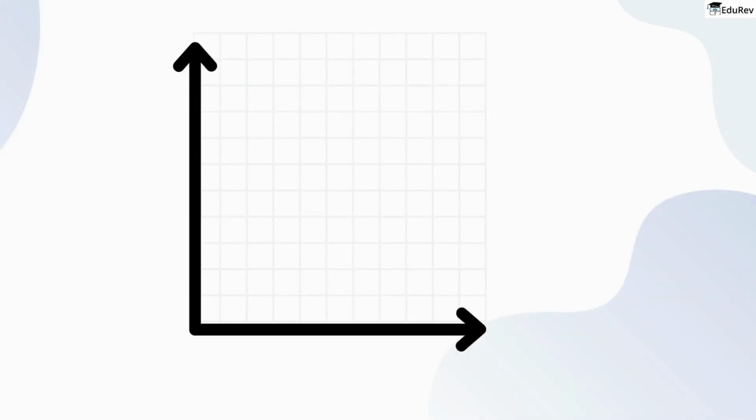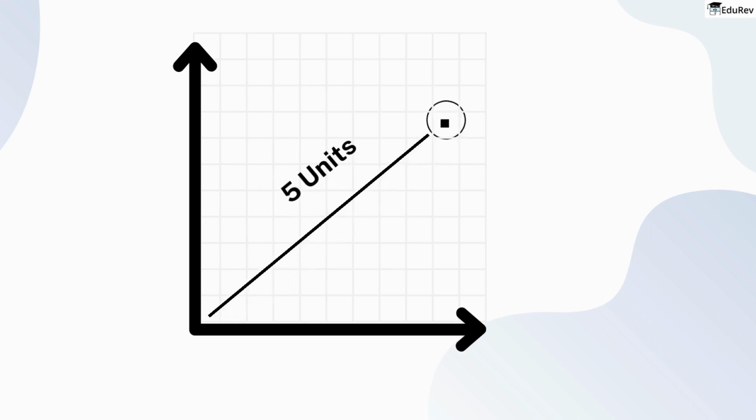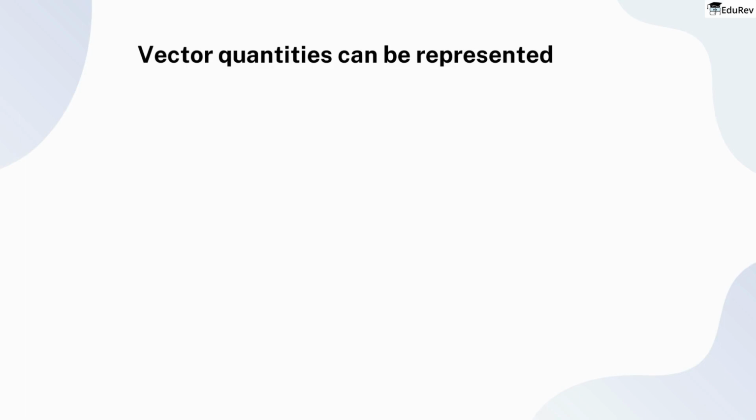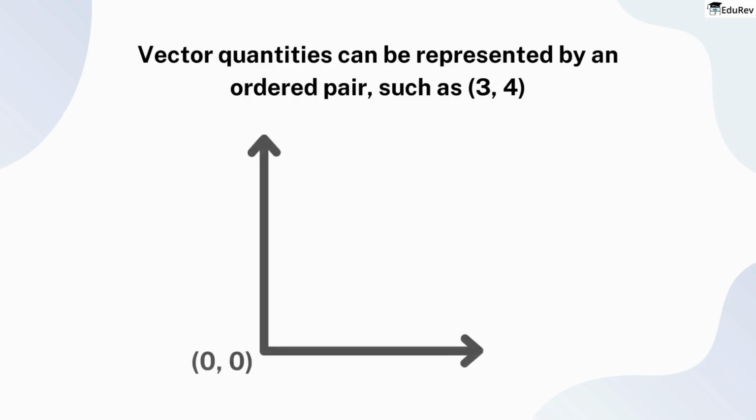For example, let's consider a Cartesian plane, a two-dimensional space. In this context, scalar quantities can be represented by a single number like 5 units distance. Vector quantities can be represented by an ordered pair, such as (3, 4).